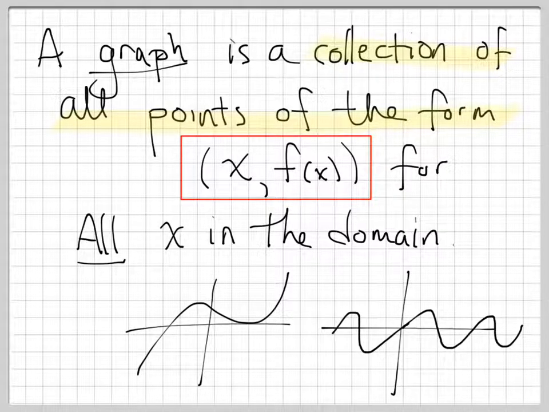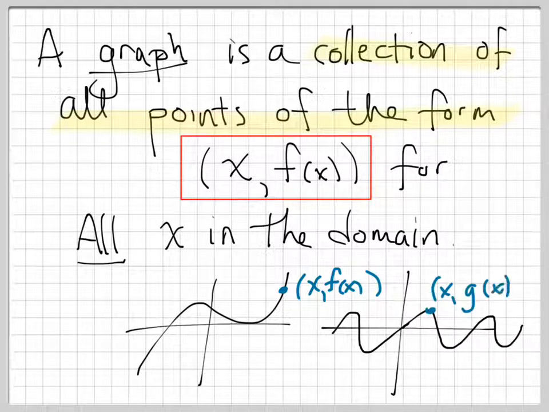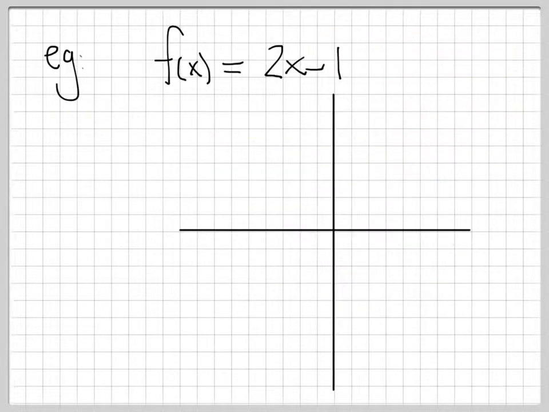And these are graphs, and they're pictures, but what's more important is that any point on your graph has coordinates x comma f of x, or x comma g of x. And it's important that the values have to come from the domain.